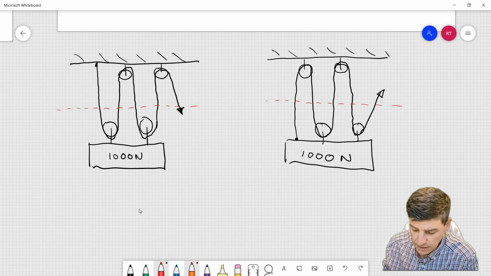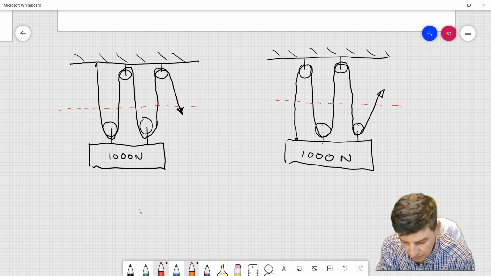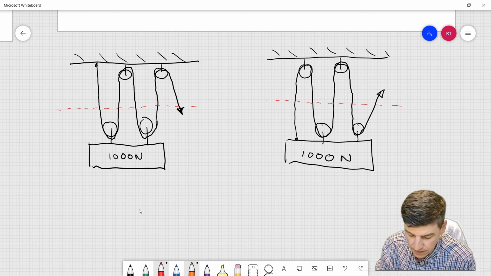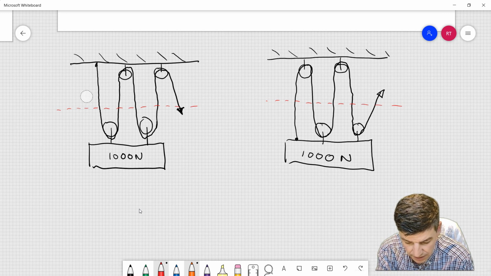Okay, and what I know is that if I make an imaginary cut through there, these things are still being held up, and they're being held up by the tension in those lines. And if I can figure out the tension in the lines, and it's the same all the way through my system, then I can figure out how much tension is in each of those lines.